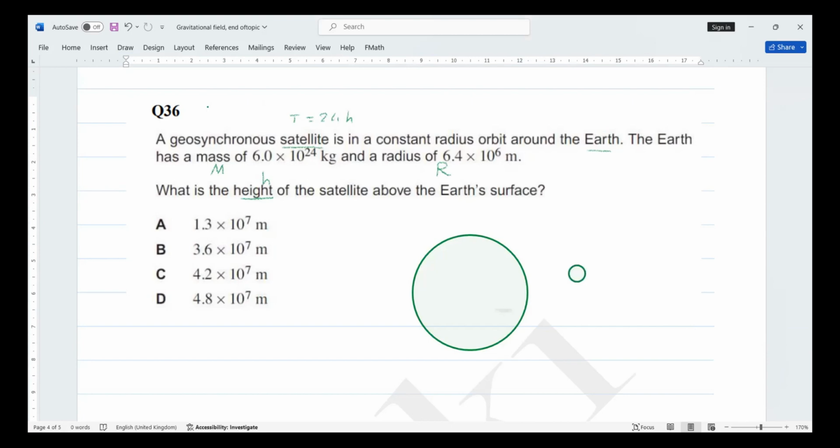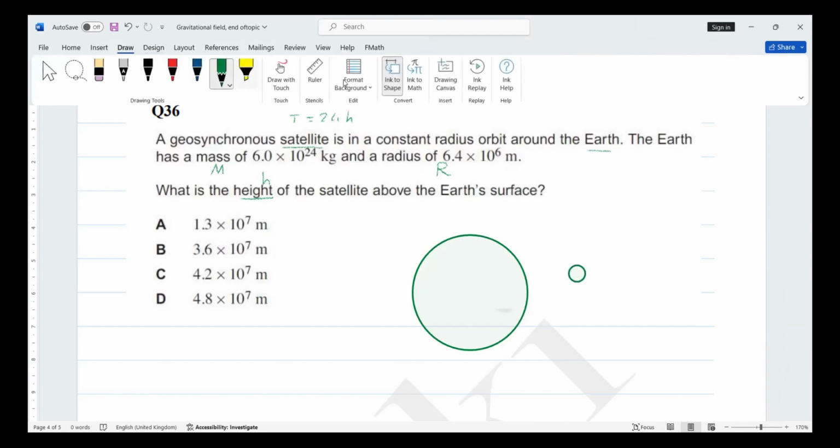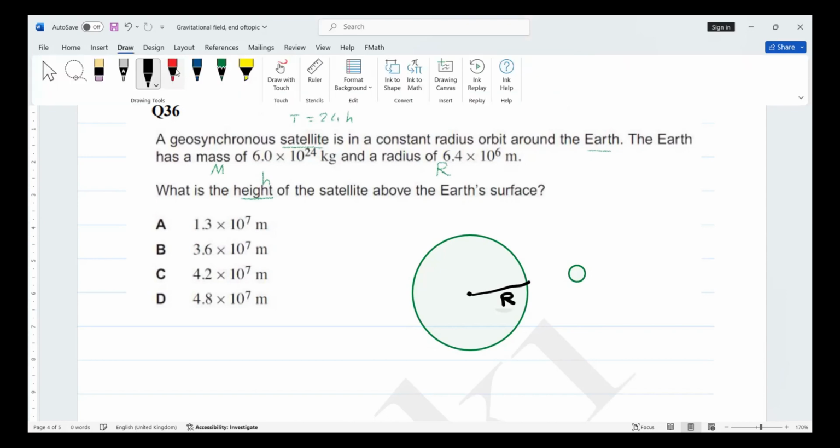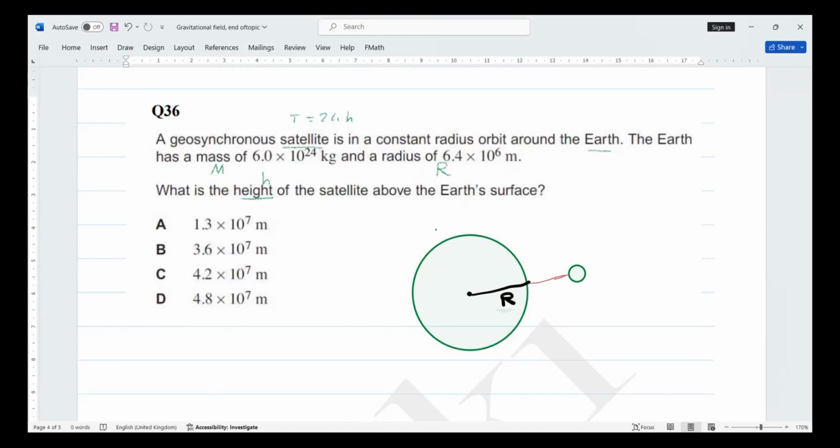Now we need to see what about the height and the center. This is the center of the Earth, and this is the radius of the Earth, R capital. And this is the height here. We need that height. Can you see? So this is the height H.